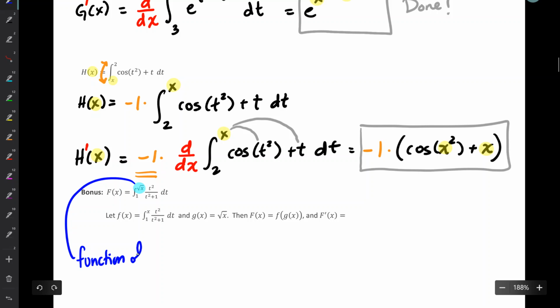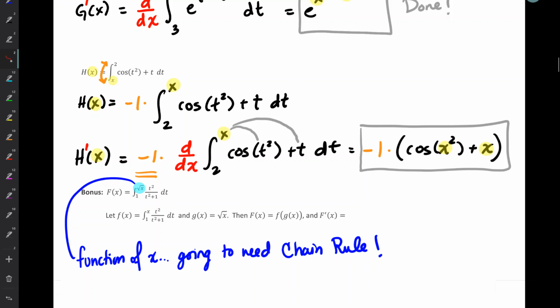So you're going to need what rule? Chain rule. There are examples like this in our book. They're cute. They're worth learning how to do, but it's not the most crucial.